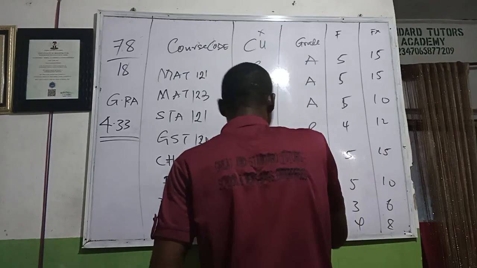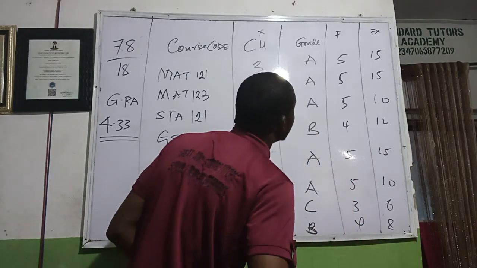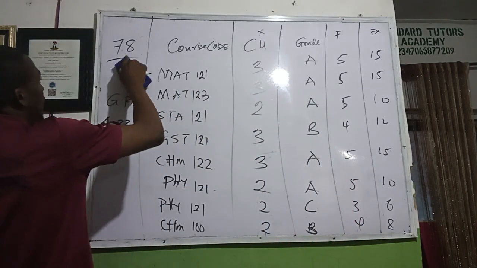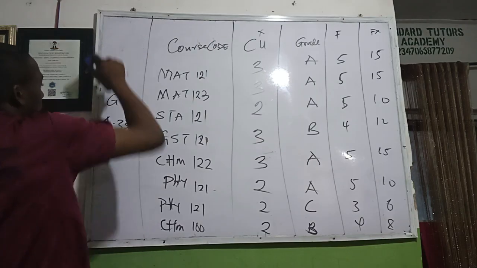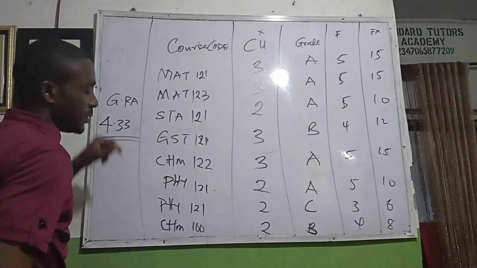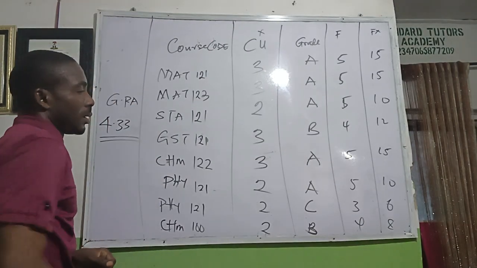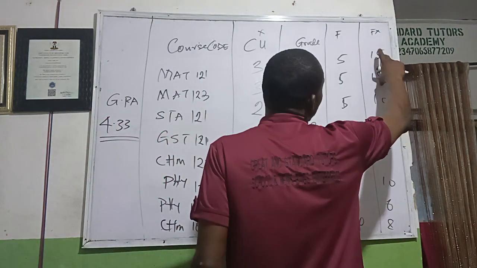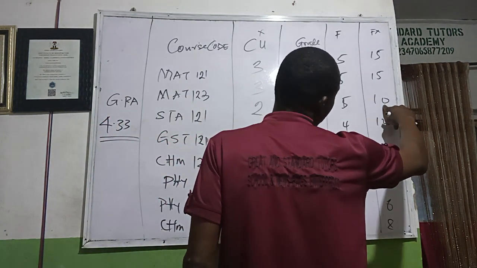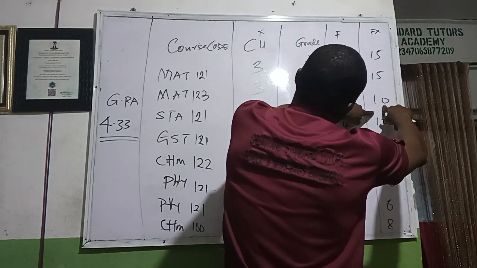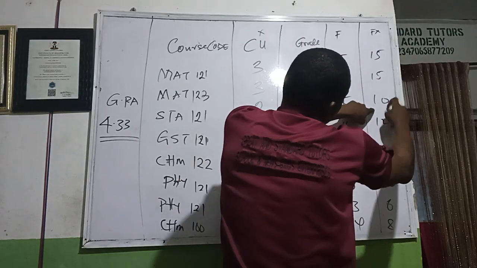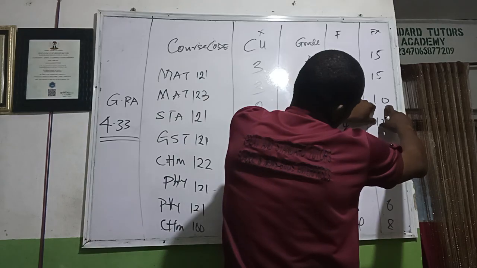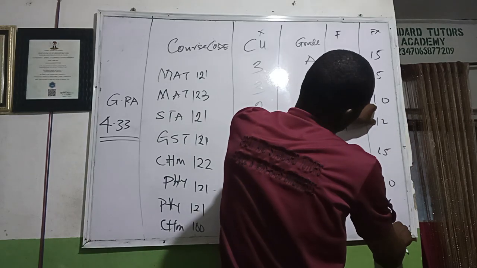Now, let's sum it together again. This is second semester. We have done with first semester. Our first semester, we have GP. Now, for the second semester, let's add up. We have 30, 40, as we have said.